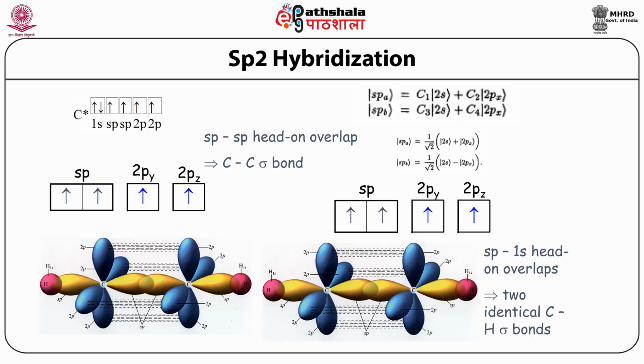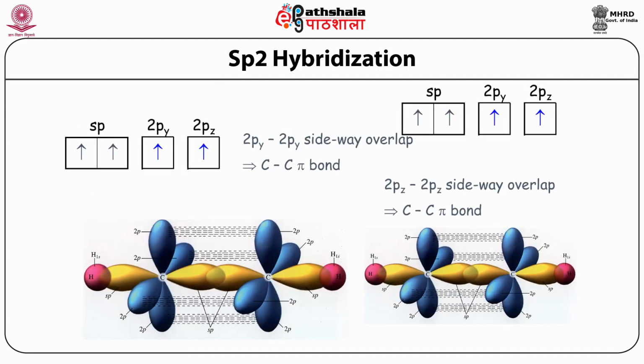The formation of pi and sigma bonds in C2H2 molecule: the strength of the pi bond between two pz orbitals is maximum when pz orbitals are parallel to each other, resulting in a linear molecule with an angle of 180 degree between CH sp bond and C triple bond C. Now if we have the 2py sideway overlap as shown in this figure, then there is a C single bond C pi bond, and the right side figure shows 2pz sideway overlap, implying a C single bond C pi bond.